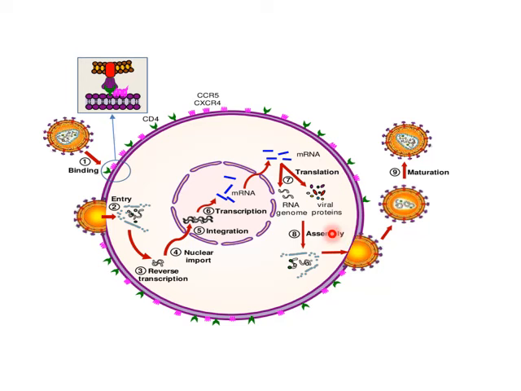Now once that happens, the viral particles bud off from the host cell, acquiring an envelope. The envelope is derived from the host cell membrane. During this process, the viral protease enzyme cleaves the precursor proteins into their functional forms, leading to the maturation of the viral particles.